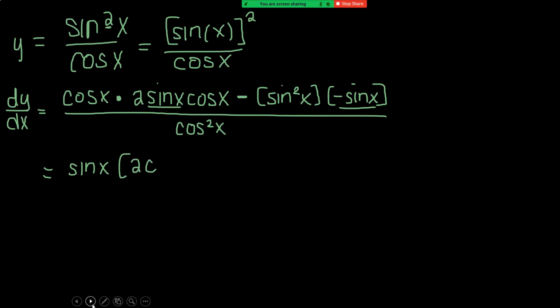Well, it leaves you with 2 cosine squared x plus sine squared x. So initially, when I saw all of the squares, I was hoping to convert sine squared plus cosine squared to 1, but it did not work, because there's a 2 in front of the cosine.